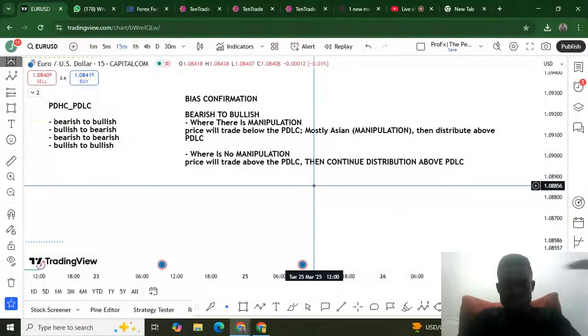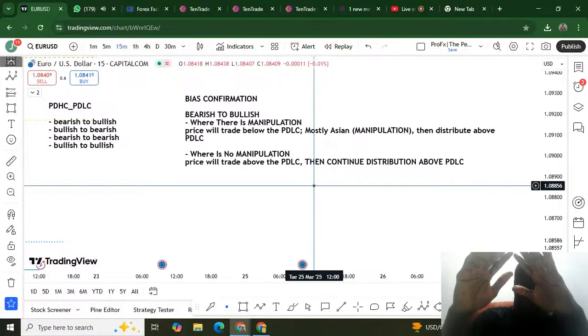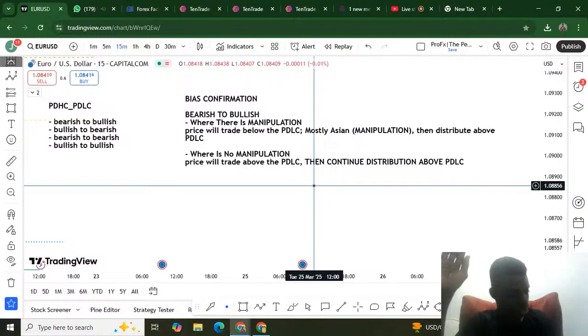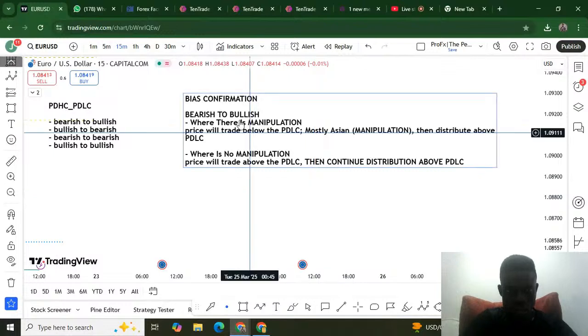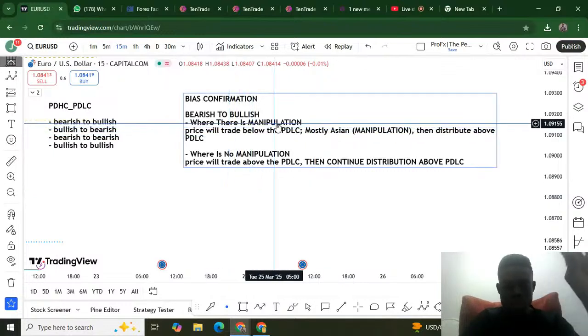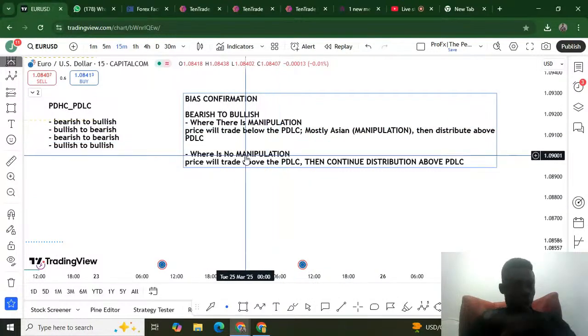If you want to solve a problem, ask yourself, okay, what are the only two or three things that can happen? So in our case now, these are the only two things that can happen: manipulation or no manipulation.